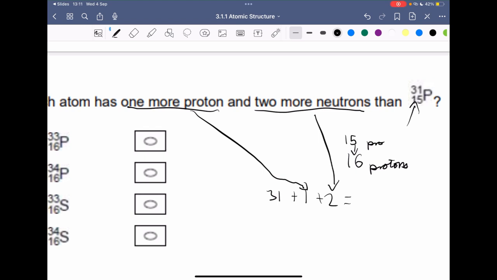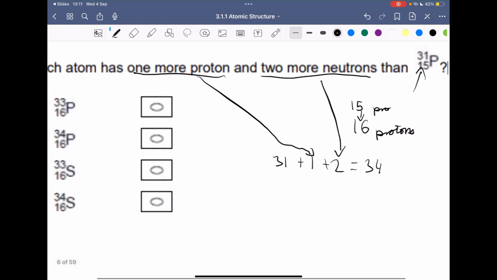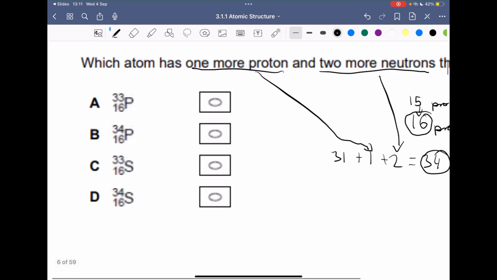So now we get 31 plus 1, 32, plus 2, 34. So now our big number is 34 and our small number is 16. So now it can be either B or D, because they both have the same small number and they both have the same big number.